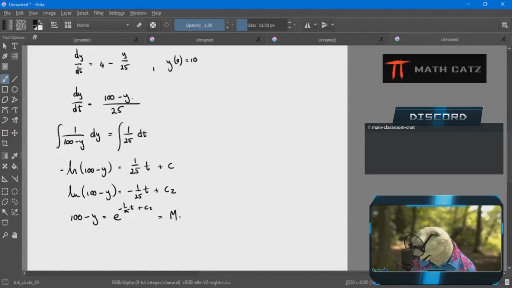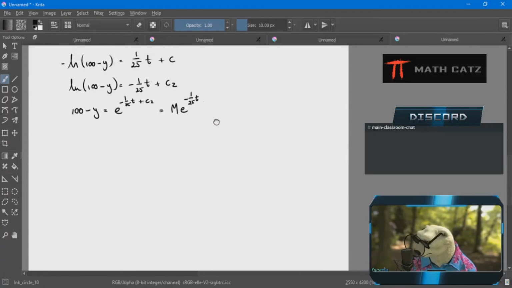I'm just calling it m to make it a little bit more visually standoutish. E to the negative 1 over 25 t. Now, a little bit different to what we had before, I can solve for y first, perhaps. Y is going to be 100 minus m e to the negative 1 over 25 t.